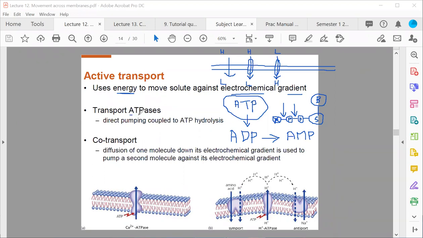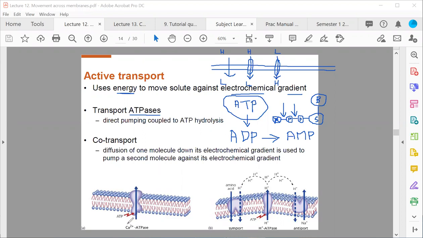They are called ATPases, and that's because we require the hydrolysis of ATP to provide the energy for this transport protein to pump solutes against the concentration gradient or against the electrochemical gradient.